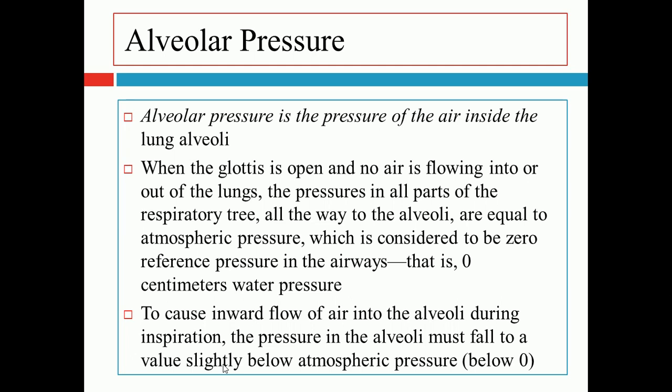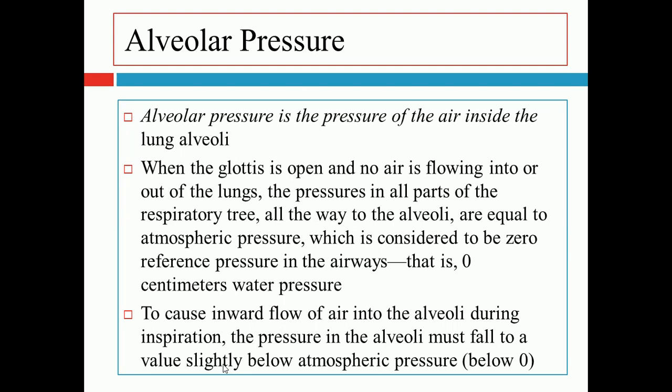When the glottis is open and no air is flowing into or out of the lungs, when there is no transport of air either inside of the lungs or outside of the lung, then the amount of air that is present exerts a pressure which is equal to atmospheric pressure, and that is considered to be zero in the airways, because it is neither negative nor positive.